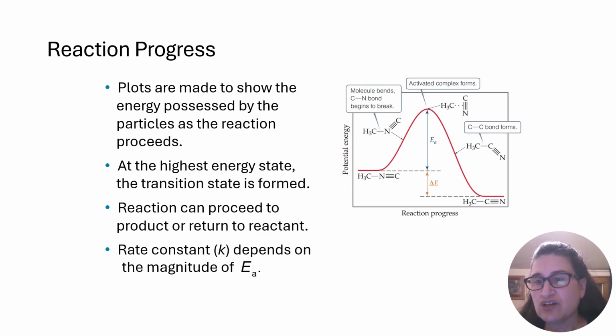Now the activation energy is the energy from the beginning, the reactants, to the top of the hill here. And the species present up here is that activated complex. So this is a reaction progress diagram. The rate constant depends on the amount of the activation energy.